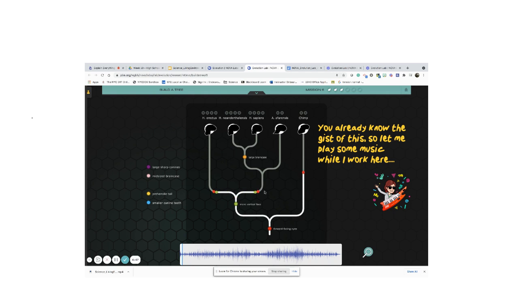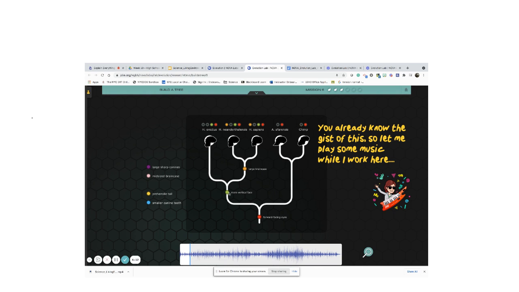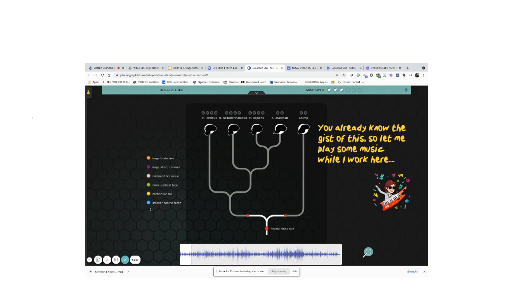More vertical faces. Oh, so canine teeth came before the more vertical face. So canine teeth were first.